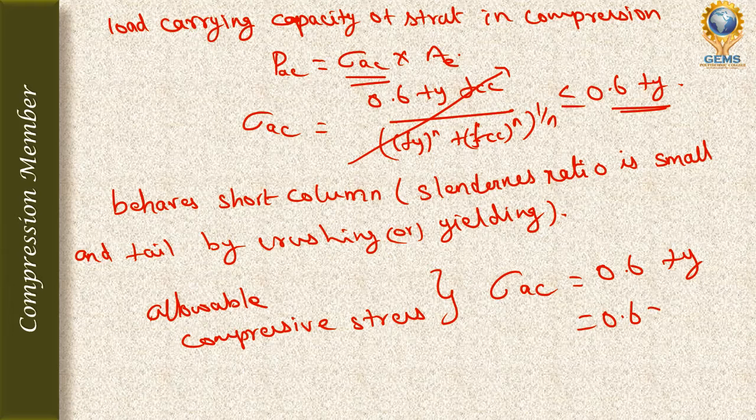Why are we eliminating this term? Because we are assuming a short column section, which fails by crushing or yielding, once it reaches the maximum strength limit. That's why we use sigma AC is equal to 0.6 Fy. So 0.6 into 250, we get 150 Newton per mm square. This is the compressive stress.